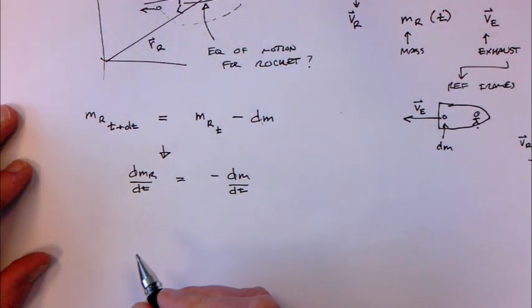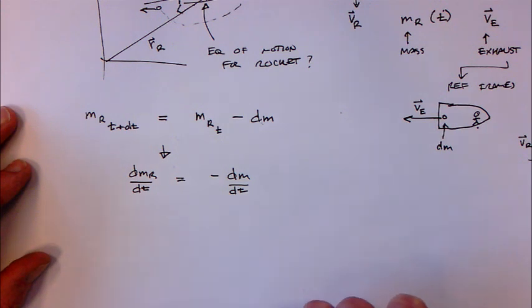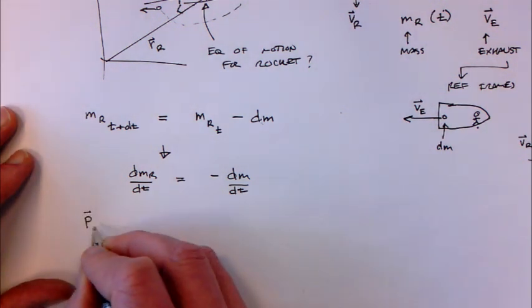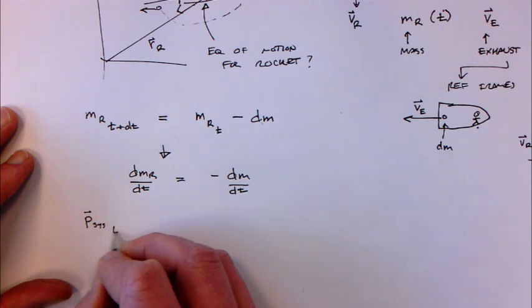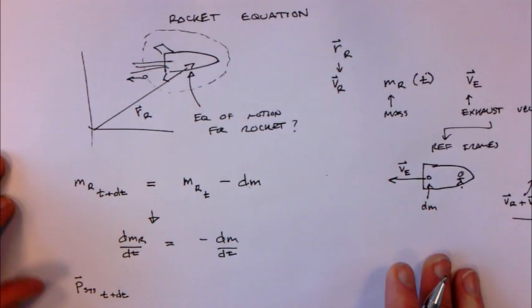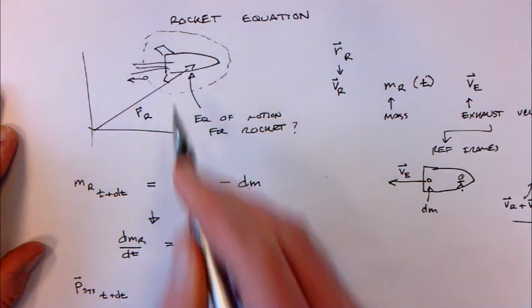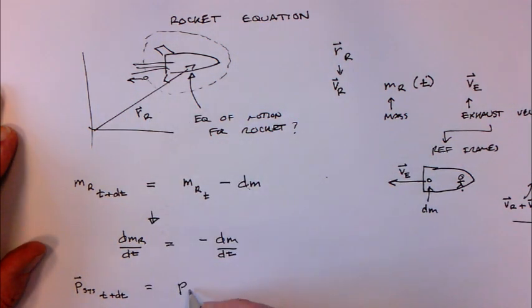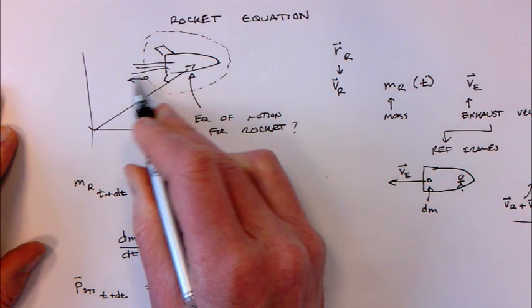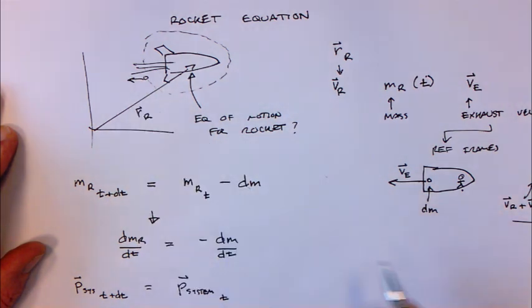The second thing we could think about is how the momentum of this system is changing. So what's the momentum of the system at time t plus dt? Well, if we go back up to our system diagram, at time t we have some momentum of the system. And during the time dt, this little chunk of mass dm leaves the system.